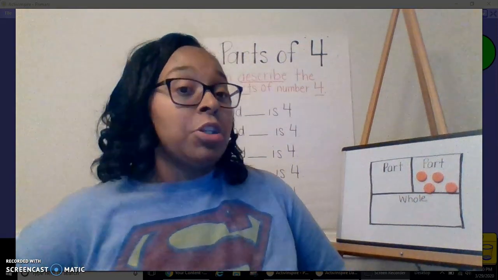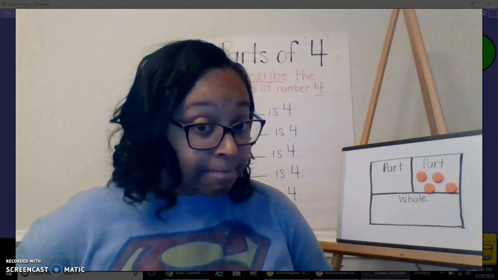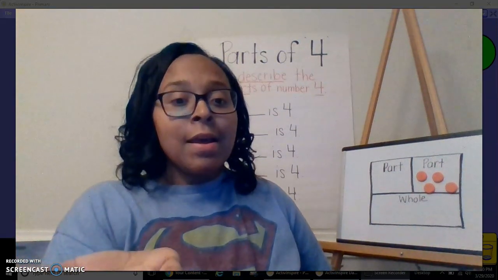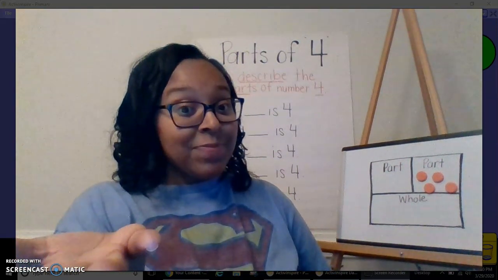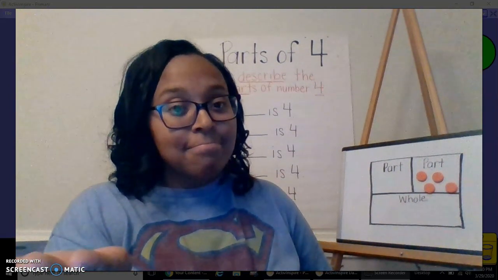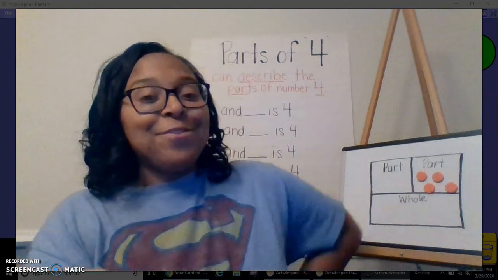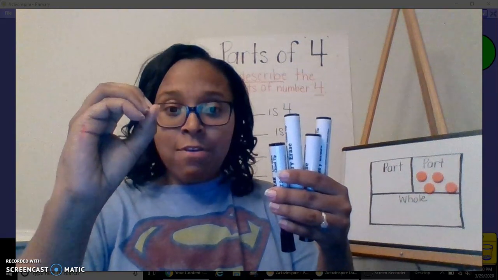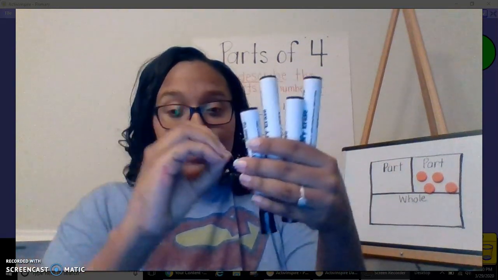And I'm going to only show you part of 4. Let's practice. So if I'm showing you, how many are in my hand? 0. How many are behind my back? If you guessed 4, you are correct. So that's 0 and 4 is 4.